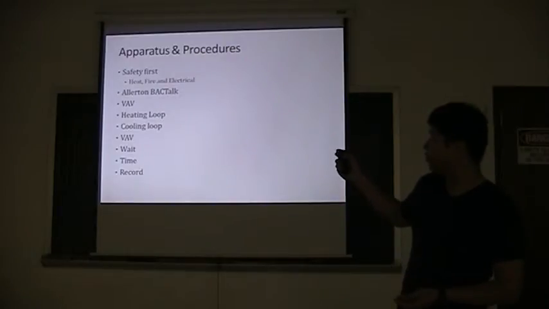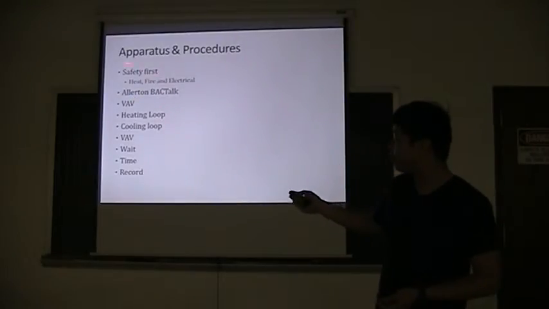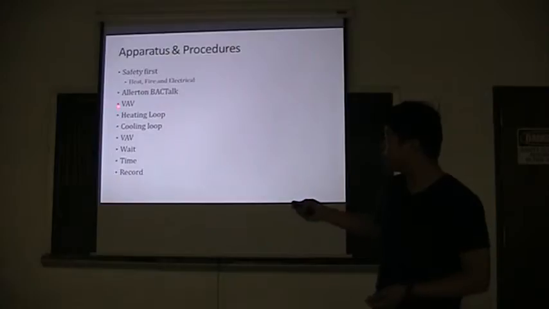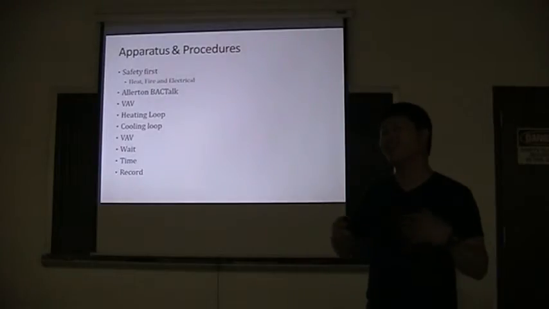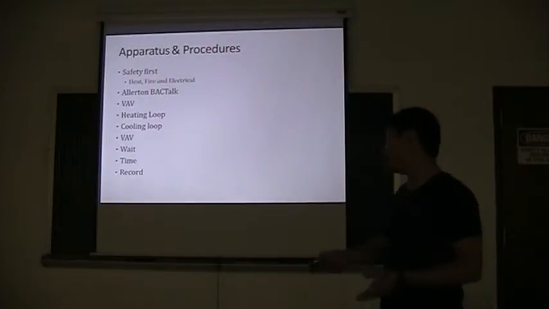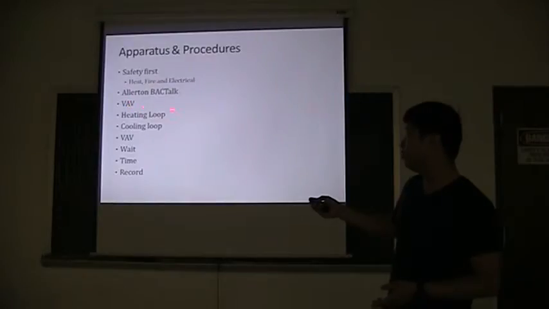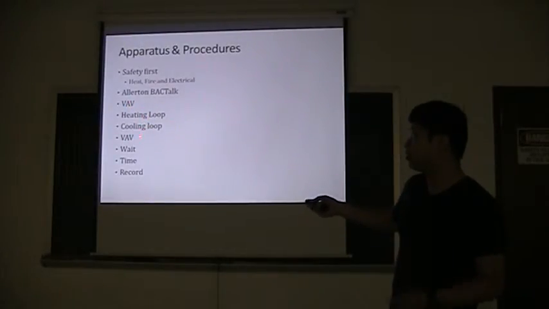So for our procedure, we start off by turning on the program on the computer. And from there, we control what we call the variable air volume component, which is just an actuator. It's just a damper that's controlled by a mechanical actuator. And we set a setting for that. We start the heating loop. While we wait for the heating loop to start up, we start the cooling loop.